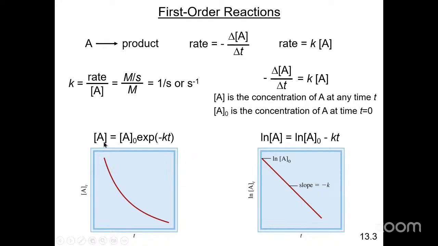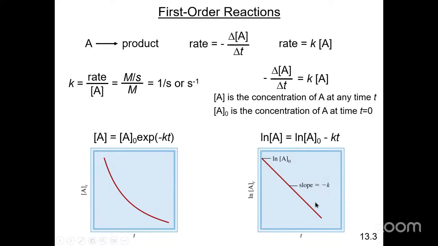This is one form, and this is another way of basically saying the same thing. I remember saying to you guys that we would use this equation if we want to find the concentration at a particular time. We would use this equation if we want to find t. And we use this equation along with this graph here to find the slope, which would give us the negative rate constant. So it depends on what you're trying to determine.